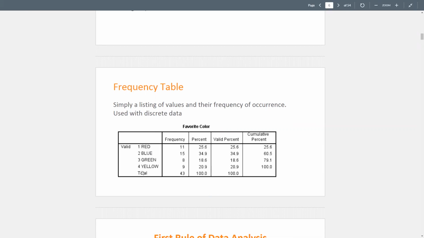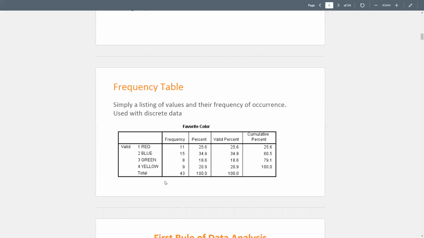It also gives you the total. So we see here there were 43 people who we surveyed, I guess, and asked for their favorite color. The percent is just based on the frequency divided by the total. The valid percent and the percent would be different if we had missing data.